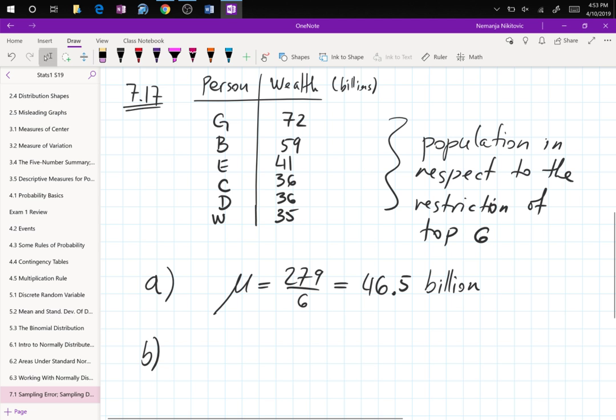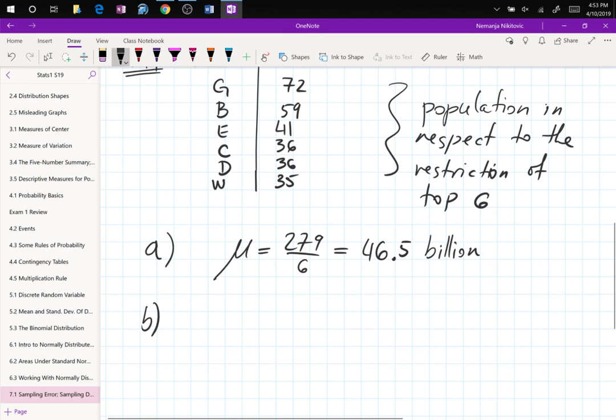So that's going to be Gates paired to each one of the other ones, right? Then you go with Warren Buffett, right? Paired with every other one, and you go down the list. So that's going to be a lot of pairs.